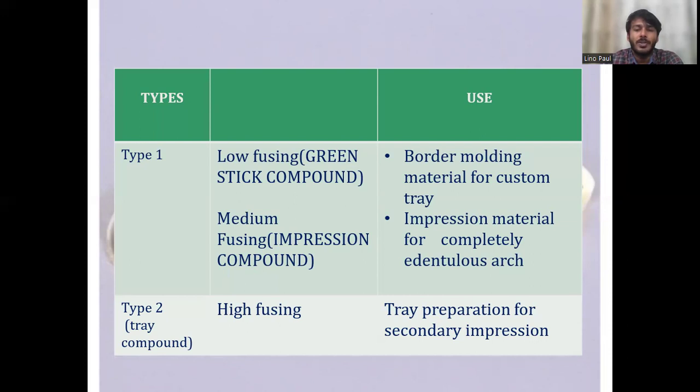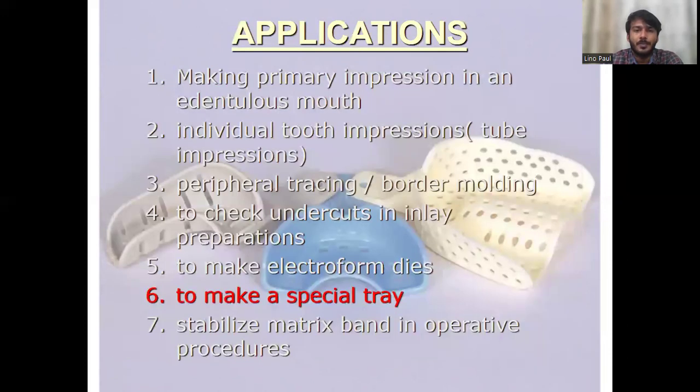for the secondary impression. The applications: making primary impressions in an edentulous mouth, individual tooth impressions, peripheral tracing or border molding, to check undercuts in inlay preparations, to make electroform dies, to make special tray, to stabilize matrix band in operative procedures.